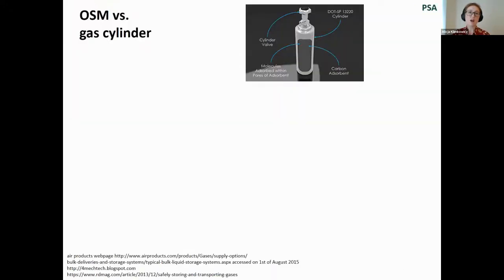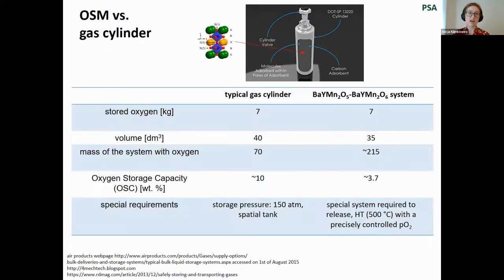Okay, so now let me go into more practical application. So here I want to compare for you oxygen storage material versus gas cylinder, and compare how it would be if we want to store oxygen in oxygen storage material in comparison to gas cylinder. So in this table, you have a few parameters.